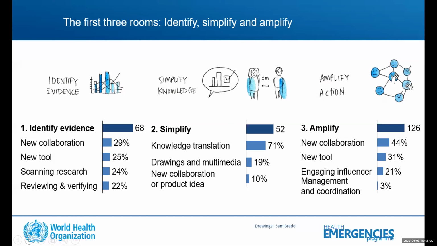When looking at simplifying knowledge, a large bucket of ideas was in the knowledge translation area. So how do we translate knowledge into evidence and policy and into understandable messages? Part of the ideas was on drawings and multimedia. So how can we use those tools to convey our message?